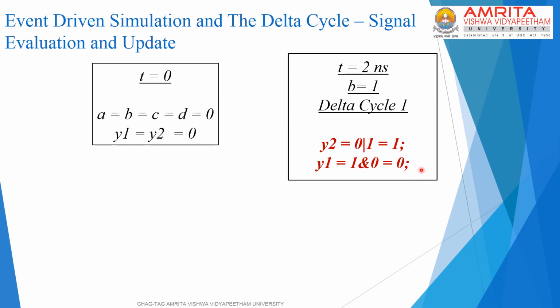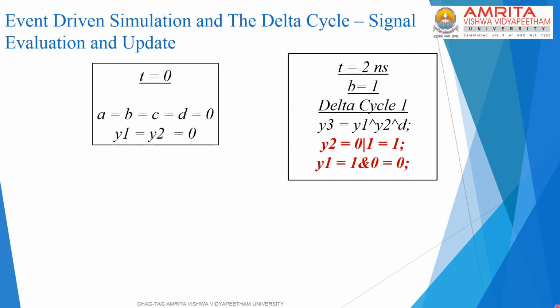Now the sequence of computations does not stop with delta cycle 1. The reason is, due to the update in the value of Y2, the signal Y3, which depends on Y2, has to be updated.